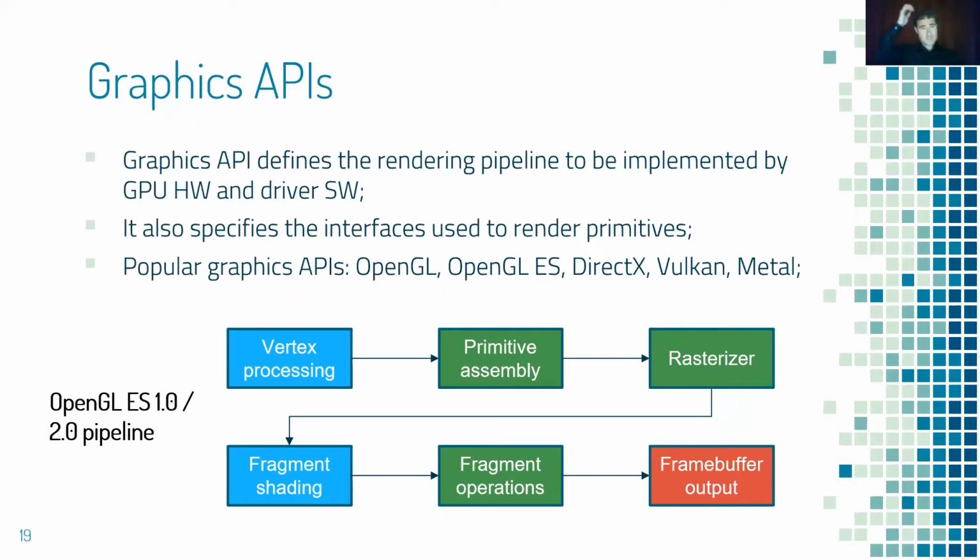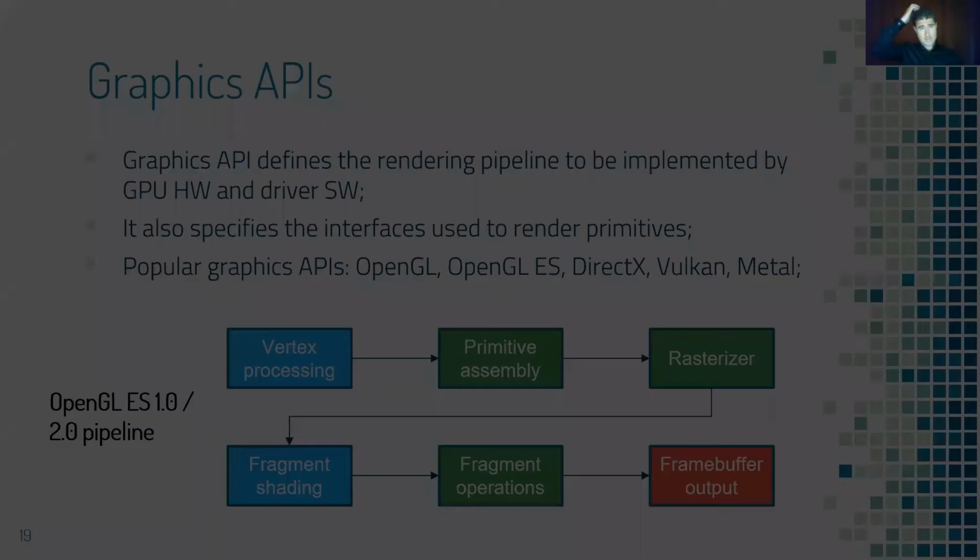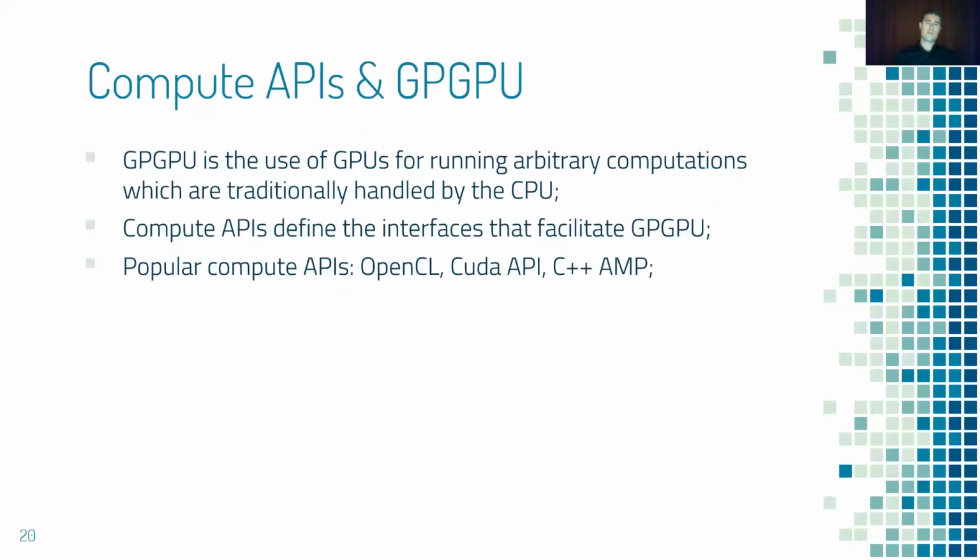As far as compute APIs go, they are basically used to achieve general purpose computation using the GPU. GPGPU is basically using GPUs for running arbitrary computations, which are traditionally handled by the CPU. So compute APIs define interfaces that facilitate GPGPU.